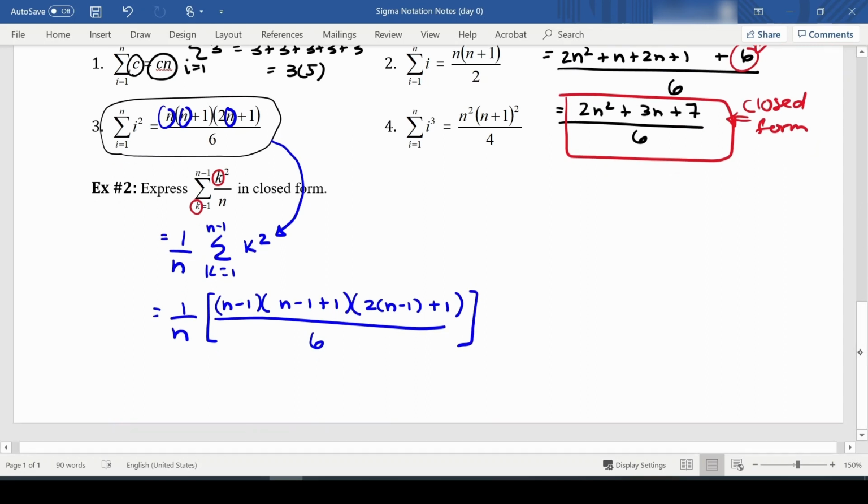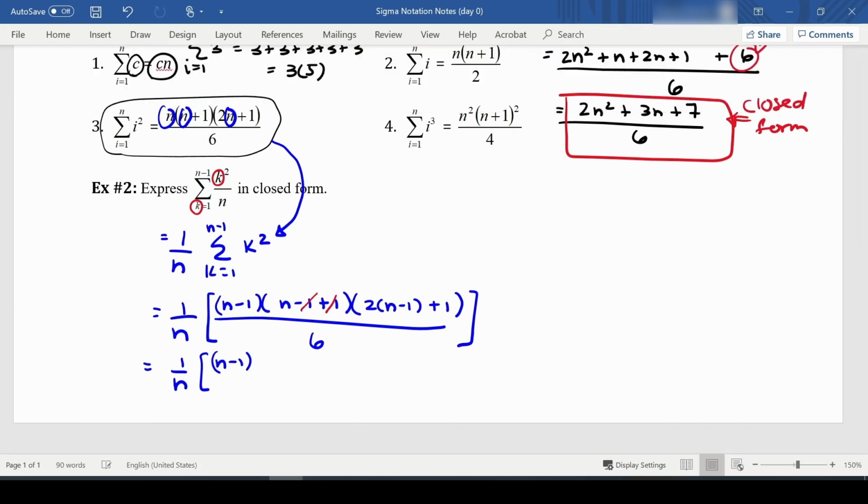And now we simplify. So we're going to have 1 over n times n minus 1. In our next set of brackets, these cancel out. And in our third set of brackets, we need to expand. So we're going to end up times n times 2n minus 2 plus 1 all over 6. Hopefully we notice next we can cancel these n's out.